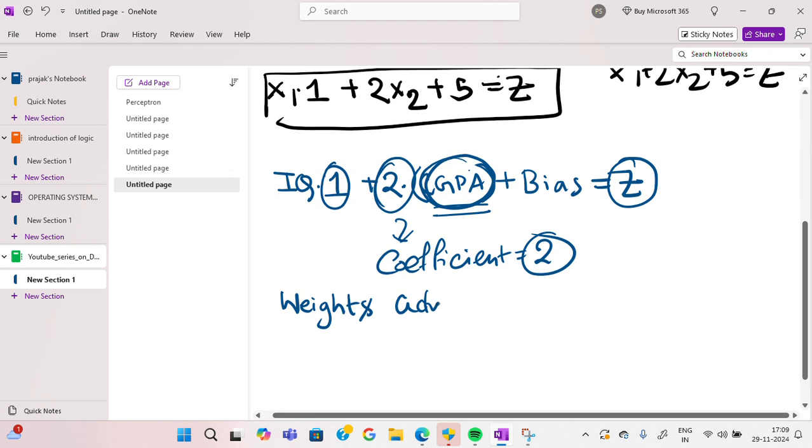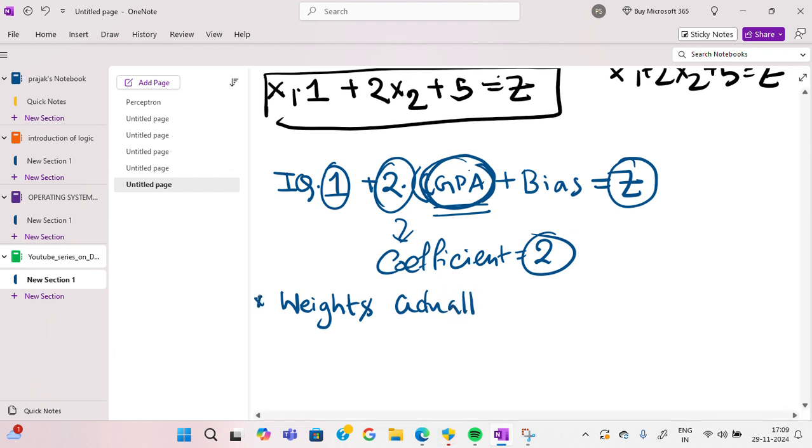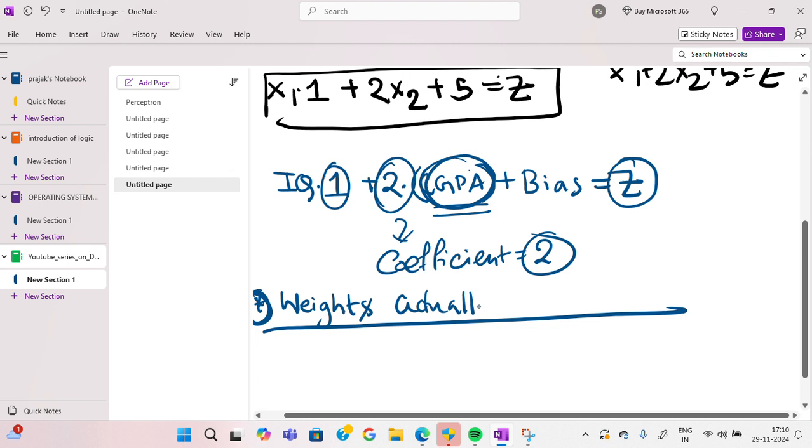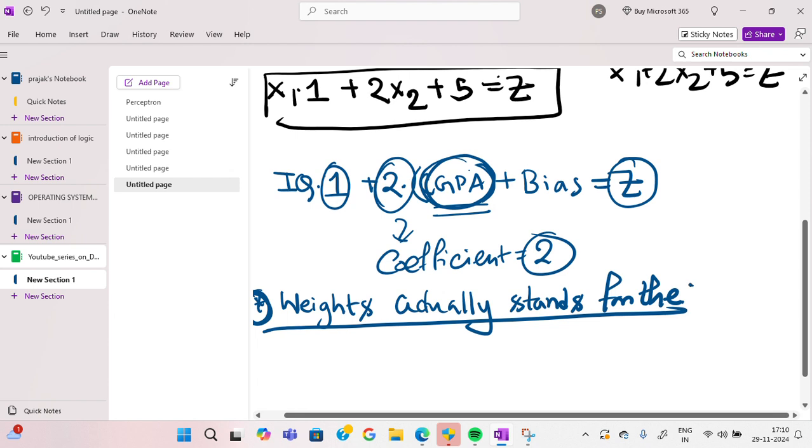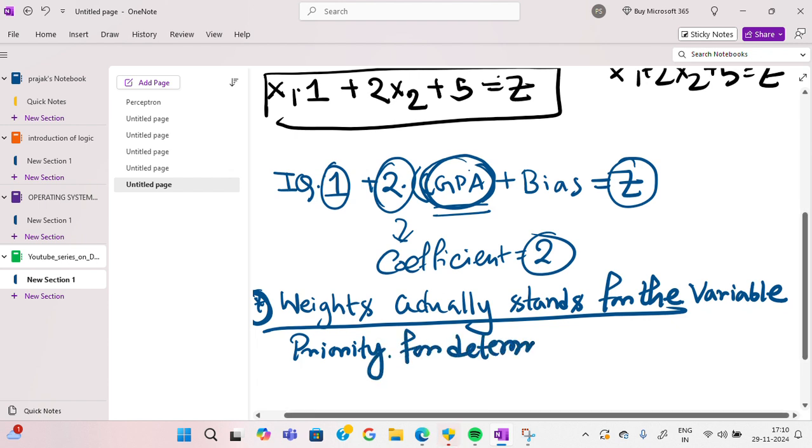Weights actually stand for the variable priority for determining the predictive output.